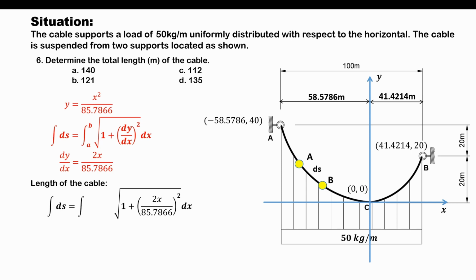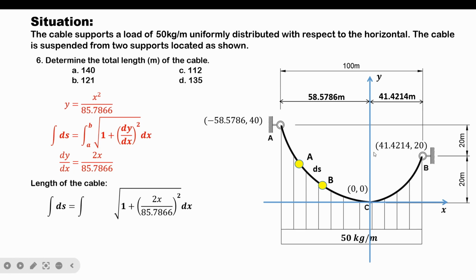Now, our next problem would be to determine the values of a and b, which are the boundary limits. The values of a and b depend on the start and end of the cable, and as you can see, the differential variable here is x. So the values of a and b would be the x coordinates of the start and end of the parabolic cable.